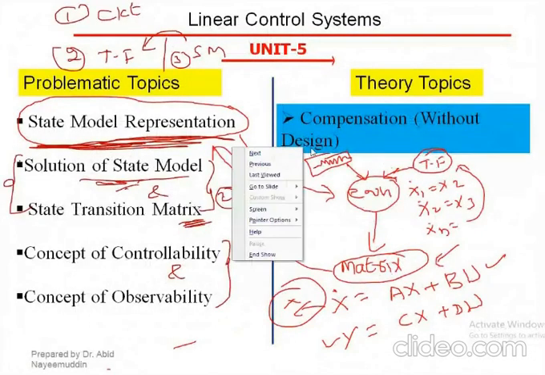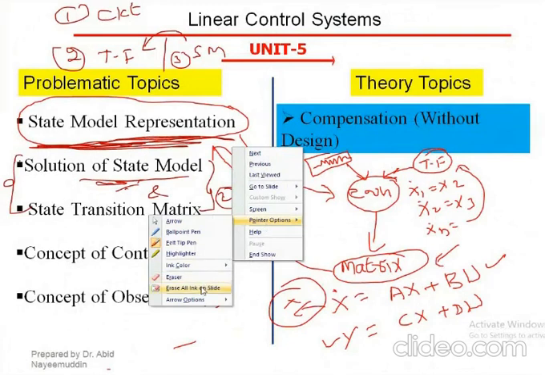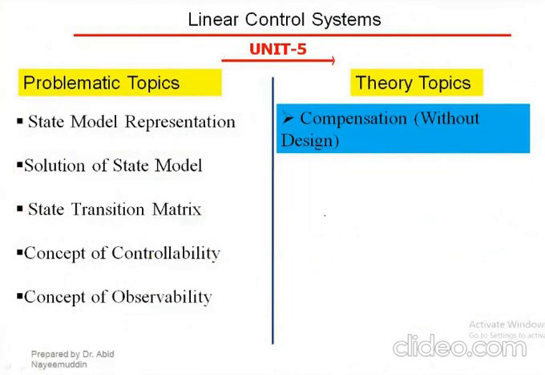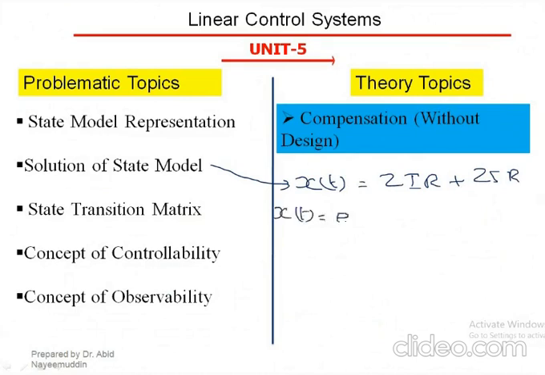Let me write once again here. Under solution of state model matrix, I can write x of t is equal to zero input response plus zero state response, which is mathematically equal to, in short form, e power At. What is e power At?